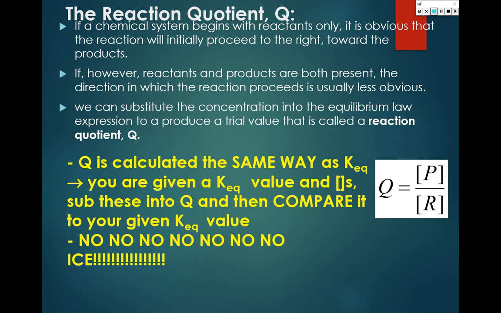You are not doing ICE, with many exclamation points. If you do ICE, you're changing those concentrations into equilibrium. These questions want to know, at this snapshot in time, is the system at equilibrium?